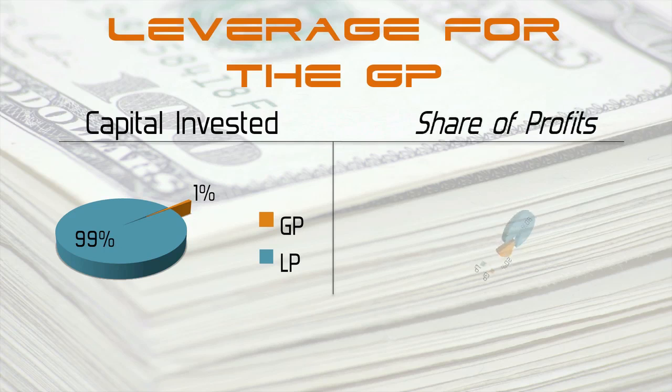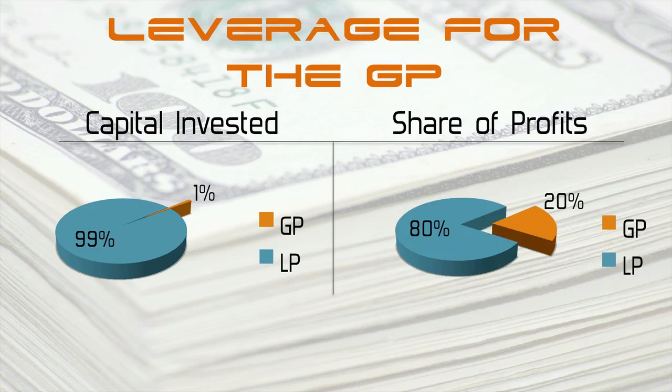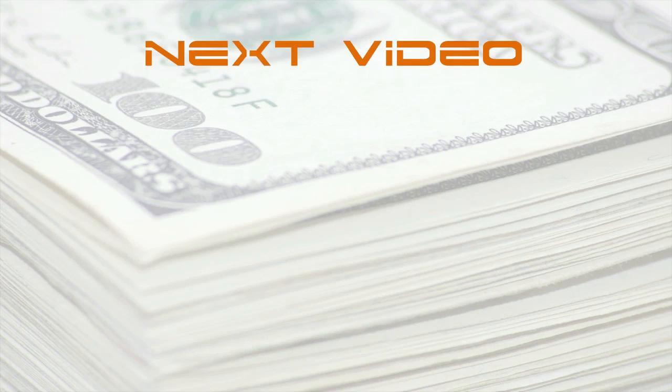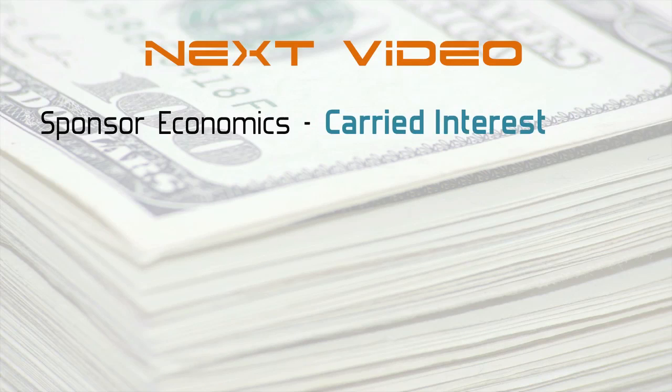But the share of the profits is split 80-20, with 80% to the limited partners and 20% to the general partner. So you can see the huge leverage potential that's available for the general partner. That's what we're going to talk about in the next video: sponsor economics, what carried interest is, and what the waterfall is.